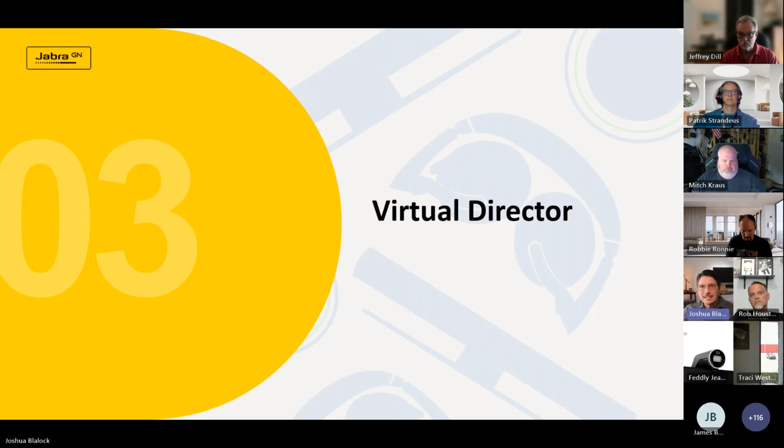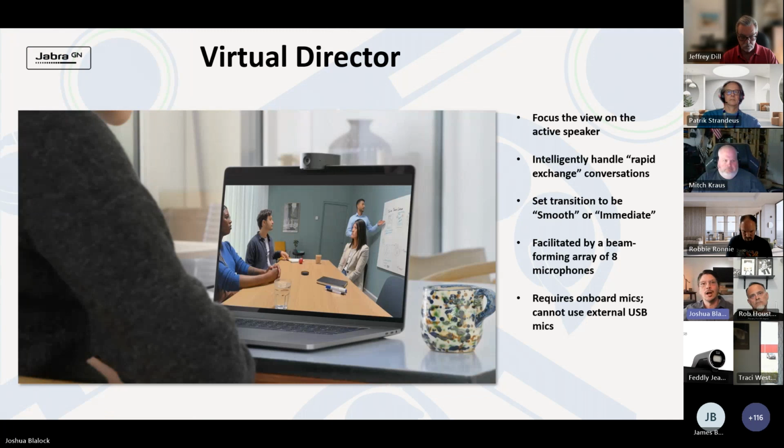What this means is that those processors on board are understanding who's in the room, but using that array of 8 microphones on board, it is able to say, this person is the one talking. I'm going to focus in on them. They are the person that should have the attention on them. We don't want the distractions of the room in this meeting. We want the active speaker.